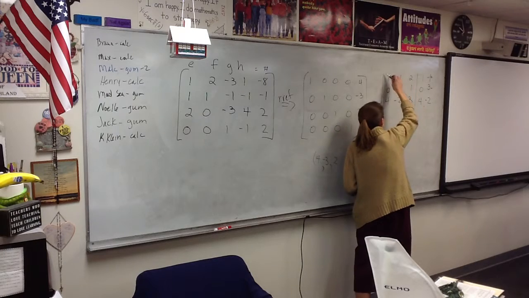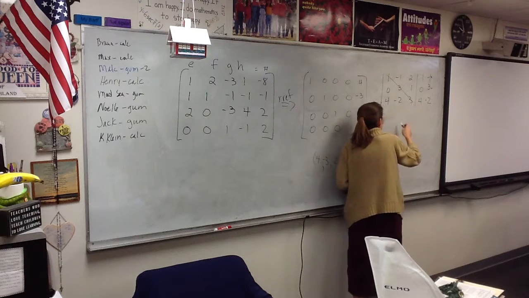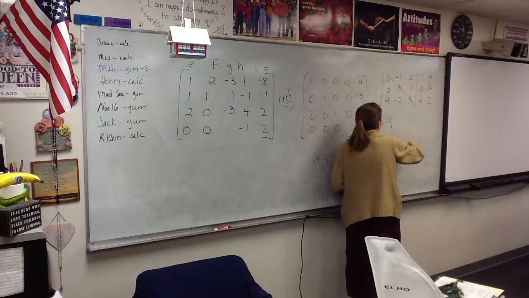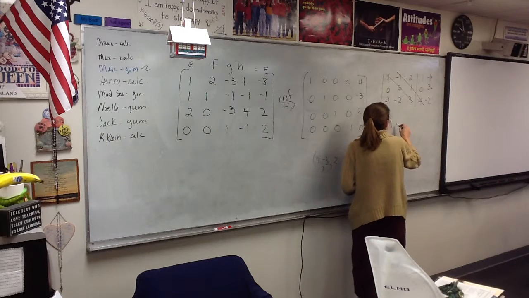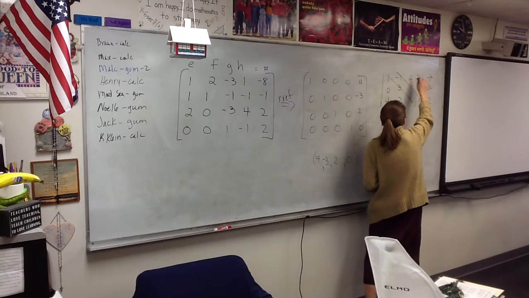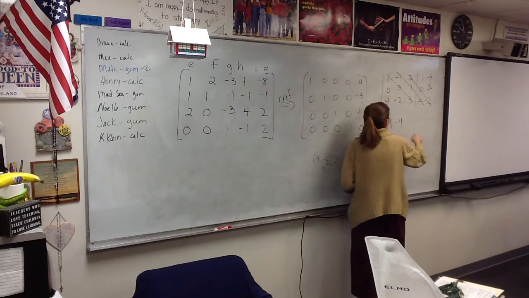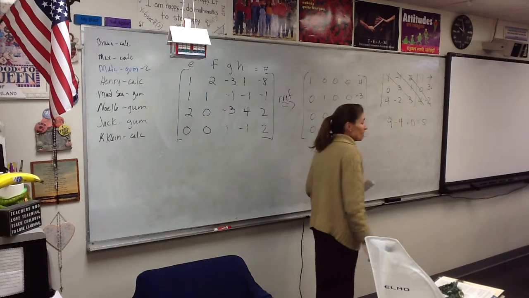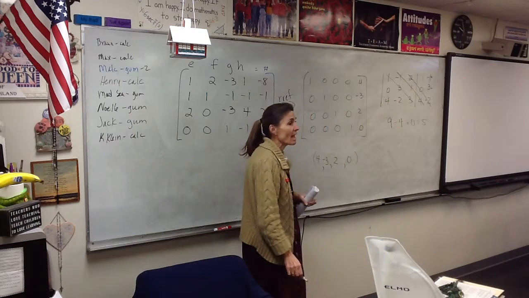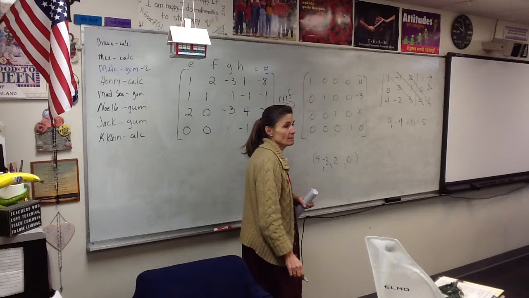And what do we get when we multiply those 3 together? 9. And then we multiply these 3 together. And we multiply these 3 together. And we add all of those numbers up. We add them up. Total them.